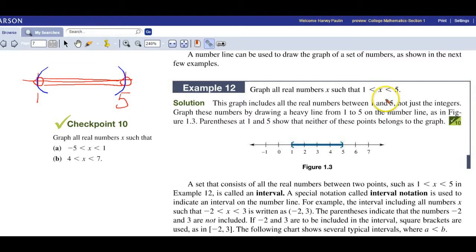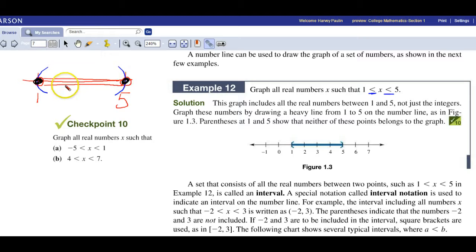Now, I'm assuming that very shortly they're going to put an equal sign underneath this. And what would the difference be there? Well, now we're saying that 1 is included in the set, so we would fill that dot in, and we would fill that dot in.